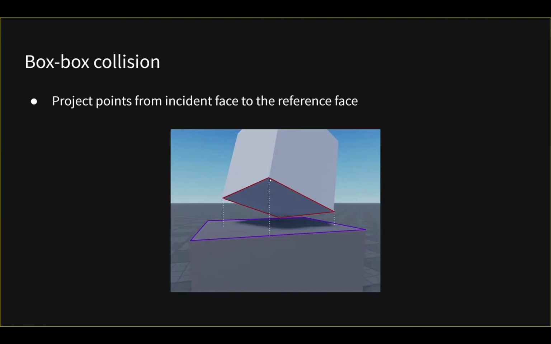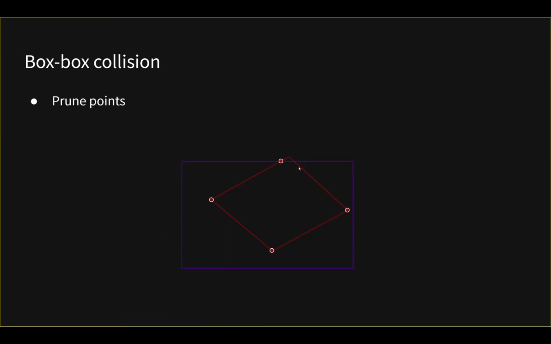But let's imagine that this entire face is actually resting on top of this box. In that case, we would like to go in a scenario where we have 4 points instead of 5. And so there's a heuristic and an algorithm to choose the 4 points that best fit the set.